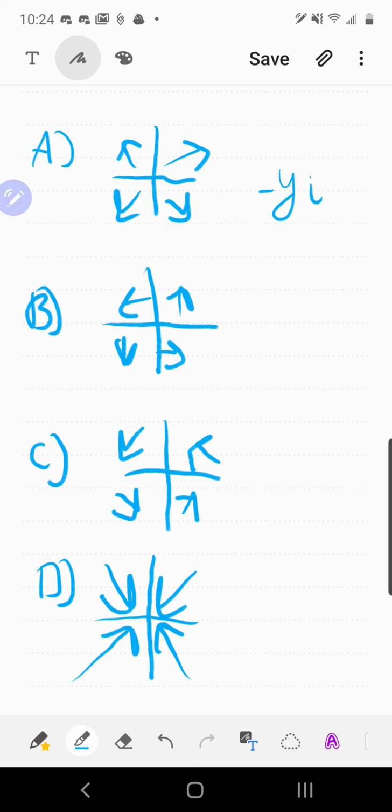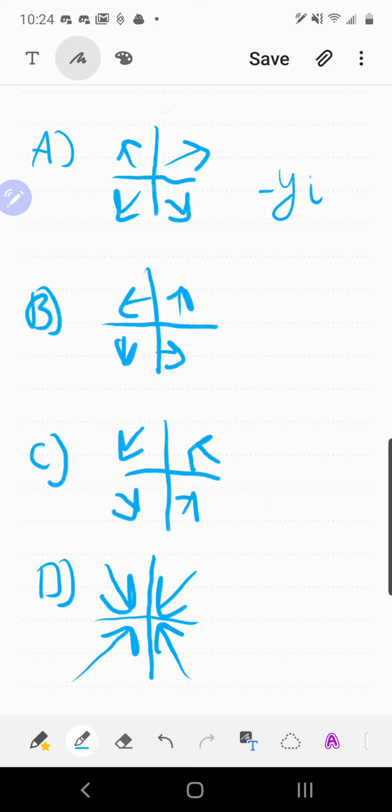So for this one, the y portion of this field in the i direction, which is along the x-axis, is going positive on the right side of the axis and negative on the left side.